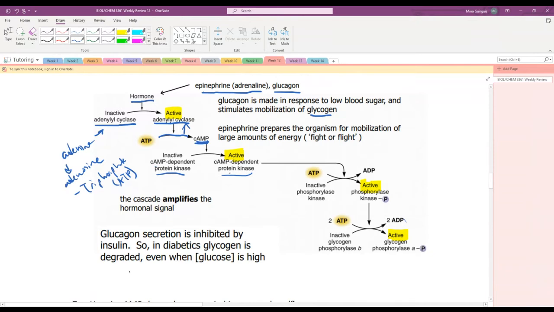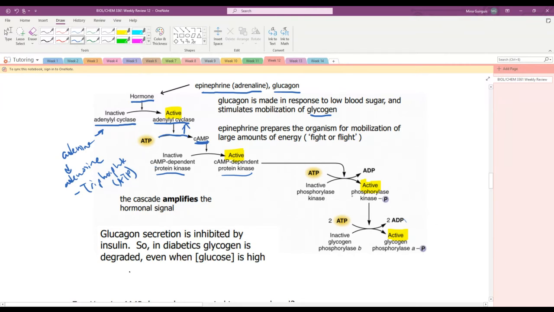So when you now have a protein kinase, this protein kinase can do what kinases do. It can phosphorylate something, but it doesn't phosphorylate glycogen phosphorylase. And this is something that I think is really confusing, or kind of unintuitive to a lot of people, is you phosphorylate the thing that eventually phosphorylates what we're looking for.